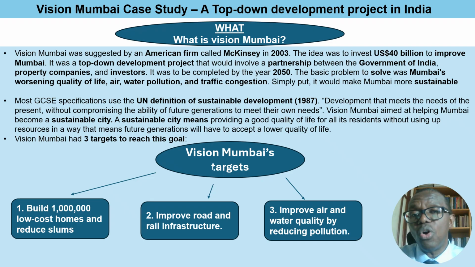And we do know that one of the features of top-down development projects is that they don't necessarily consult the public or the local communities on what those communities need. Ordinarily the government will decide what is best for the country or for the community and go ahead with whatever they have decided without much consultation.